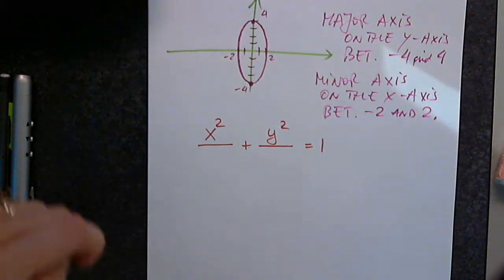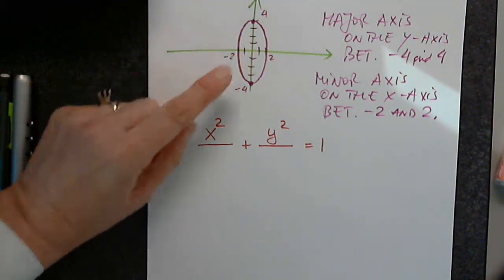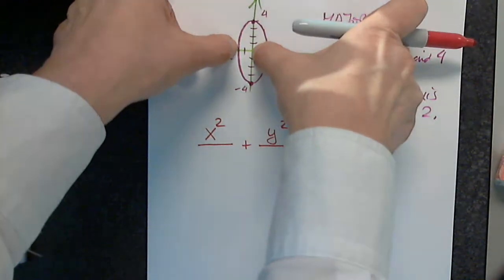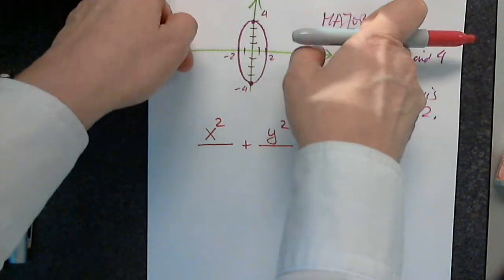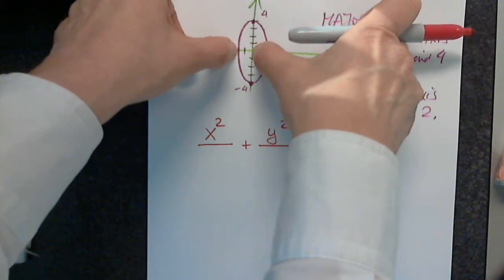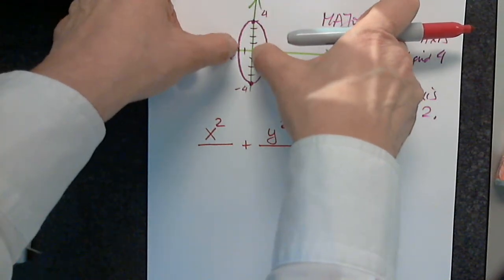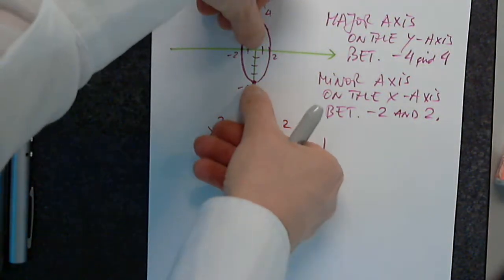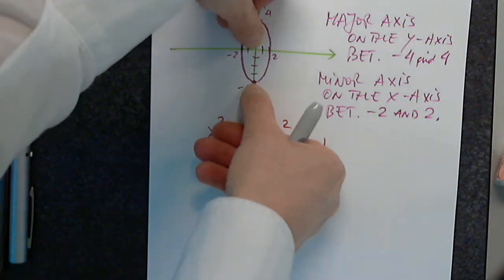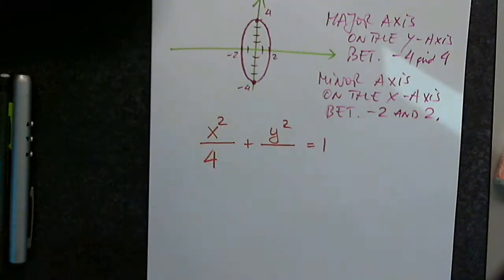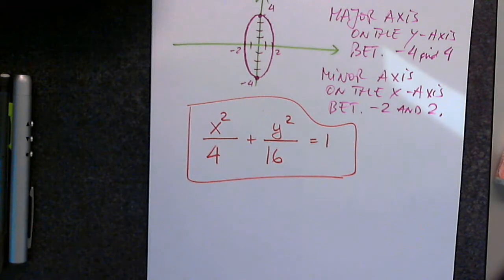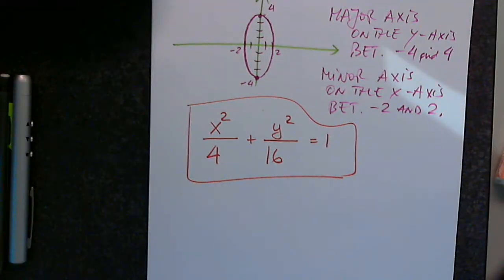Under x squared, I have to have this distance, half of the minor axis in this case, squared. What is this distance? 2. For the y-axis now, under the y, I will have this distance squared. That's it. Mandatory 1 on the right-hand side.